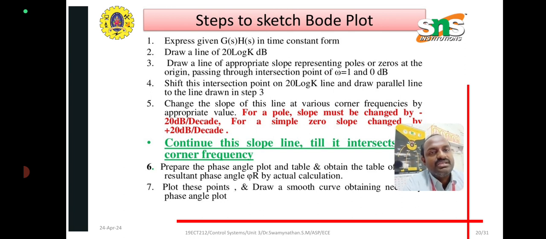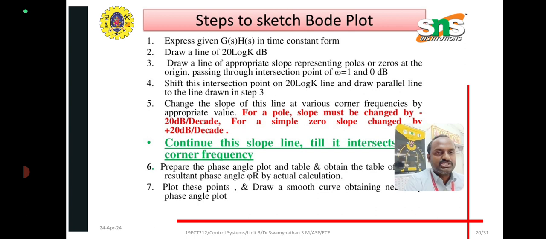And next, the steps to sketch the Bode plot. Express the given G of s, H of s in time constant form and draw the line 20 log K dB. Then draw the line with the appropriate slope representing the poles or zeros at the origin, passing through the intersection of omega equal to 1 or 0 dB, that is the third step. The fourth one, shift this intersection point to the 20 log K line and draw a parallel line to the line from step 3.